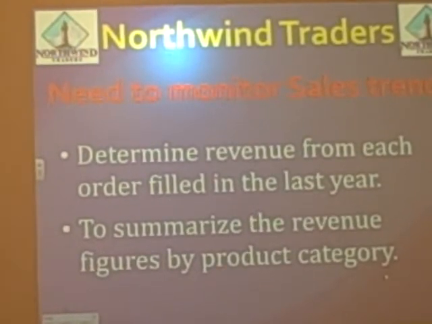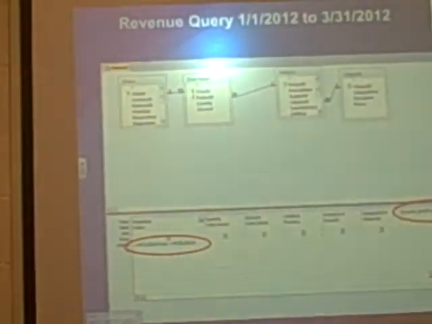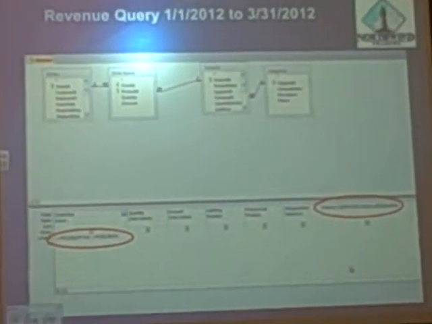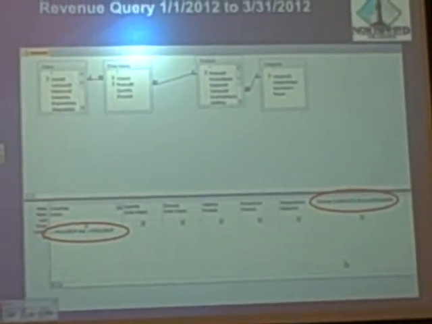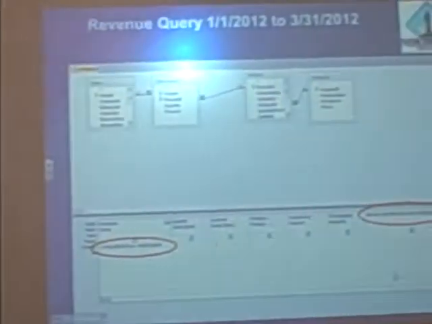And this is another sales department who wants to monitor the sales trend. Here in the query, it shows that we had to change the revenue unit price for the period from January to March.